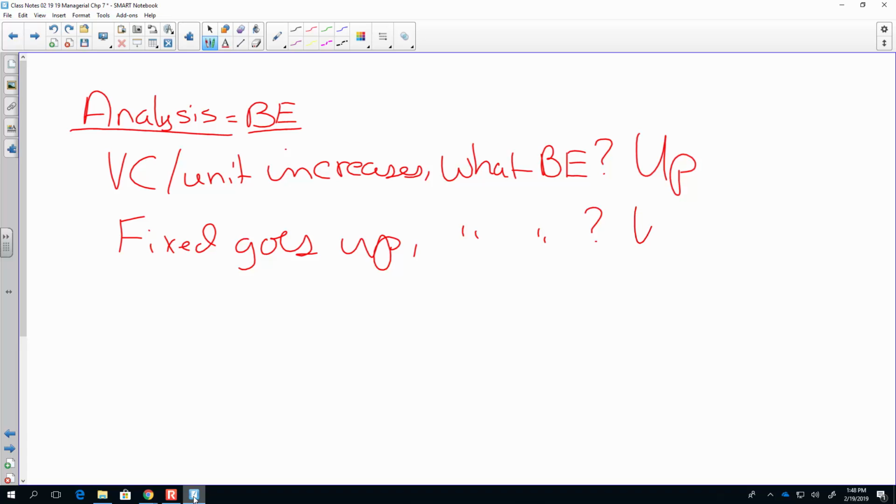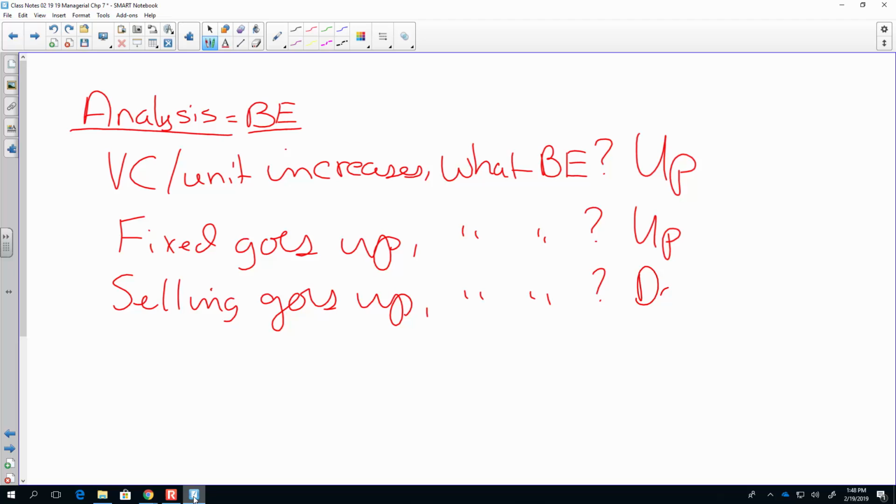My break-even units have to go up. What if my selling price goes up? What does that do to my break-even point? My selling price goes up. Goes down, right? Because I'm making more margin for every unit I sold.